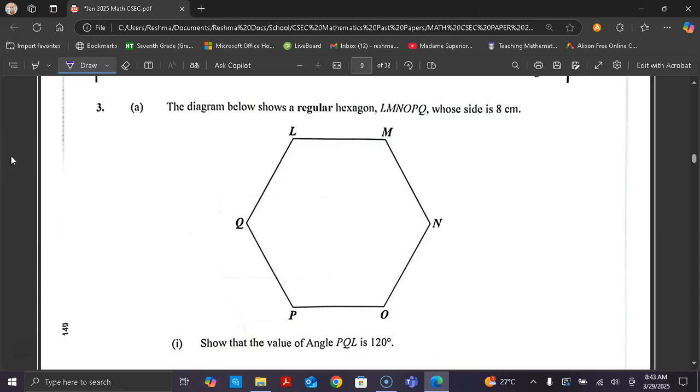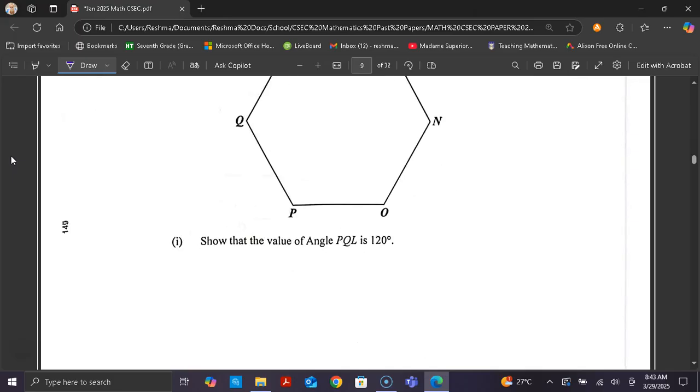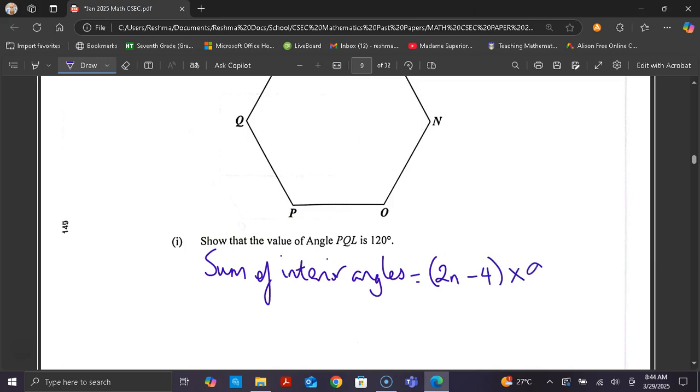So in a regular polygon, there is a theorem that says the sum of the interior angles is equal to 2n minus 4 times 90 degrees, where n is the number of sides.